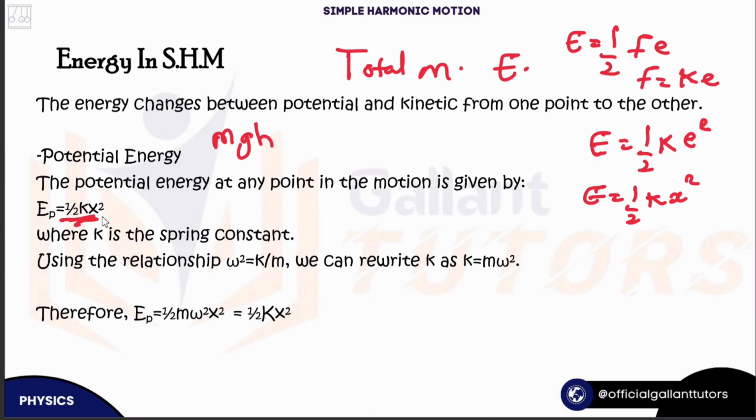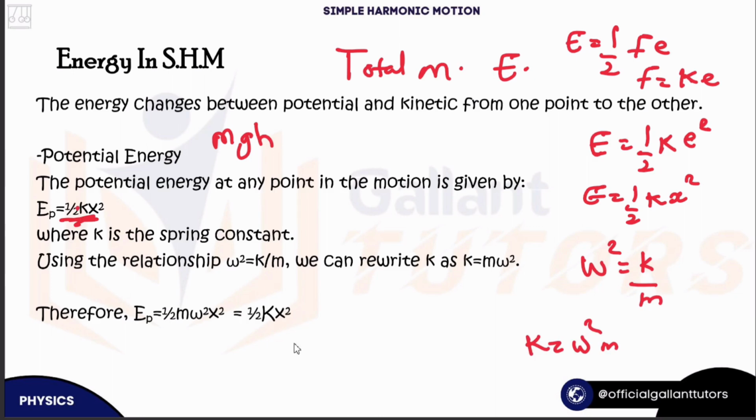Is that very clear? And there is actually a formula that links angular frequency and spring constant together. It is w square is equal to k over m. Is that very clear? k is equal to w square m.